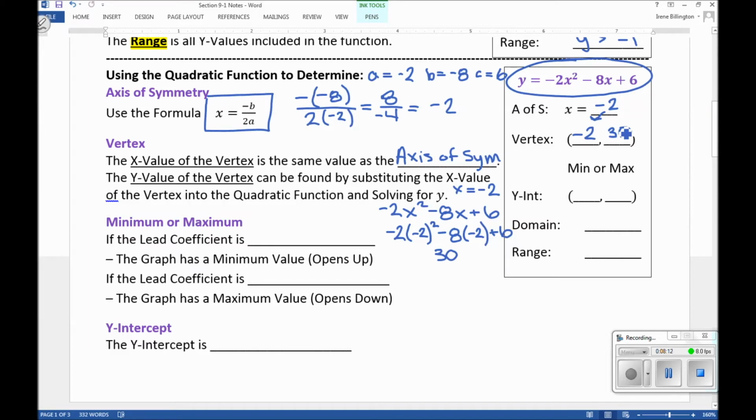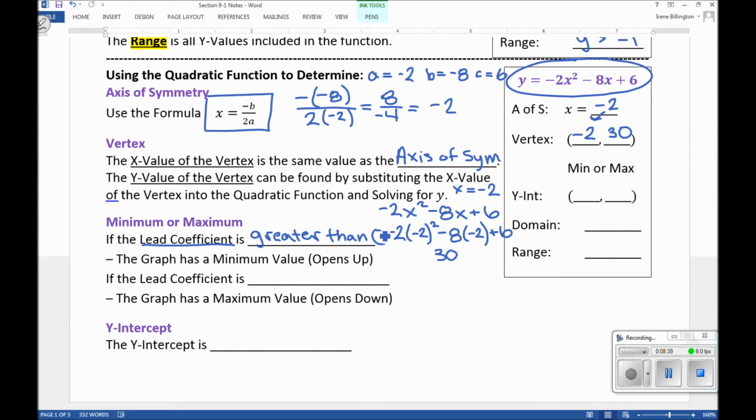Okay, next let's determine our minimum and maximum from our equation. So to determine minimum or maximum, we don't have the picture. We can actually use our lead coefficient. So if our lead coefficient is greater than 0, the graph is going to have a minimum value, meaning it's opening upward.